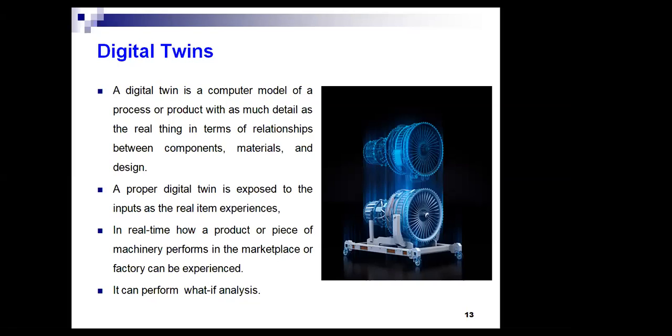So when we want to understand the changes in the input from one minimum value to one maximum value within a band, we can build a digital twin, set up a minimum and maximum range for the various inputs, and perform a sensitivity analysis of the various inputs.